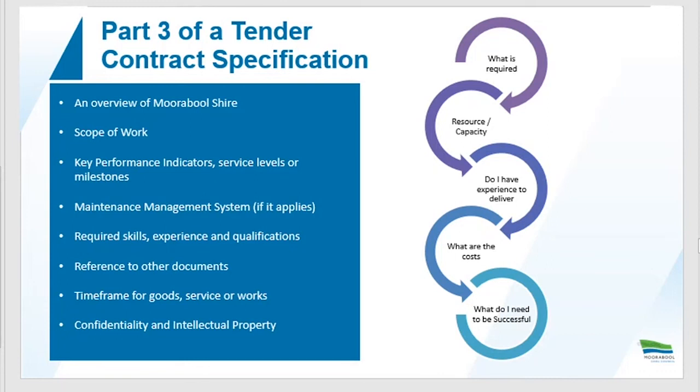So it's that full scope of work for the process, any key performance indicators, service levels or milestones, whether there'll be any asset management maintenance system involvement within the process that you need to comply with, the required skills, experience and qualifications that you'll need within your organisation to successfully deliver, and any other reference documents, maybe council codes of conduct, policies or strategies that will underpin those projects, goods, services or works. And then obviously what remains is confidentiality and intellectual property.